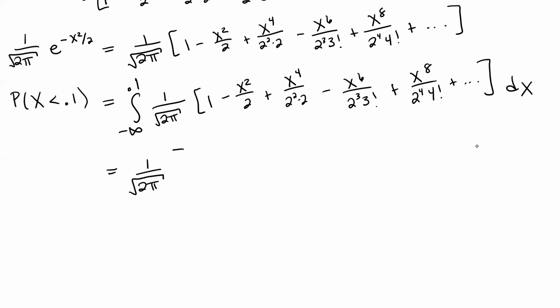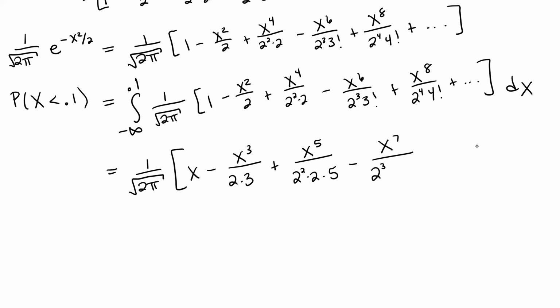We'll just leave that out in front. x minus x cubed over 2 times 3 plus x to the 5th over 2 squared times 2 times 5 minus x to the 7 over 2 cubed times 3 factorial times 7 plus x to the 9 over 2 to the 4 times 4 factorial times 9, and so on.